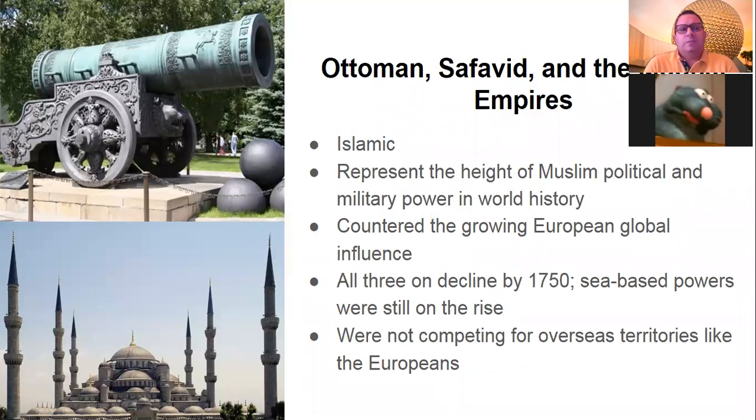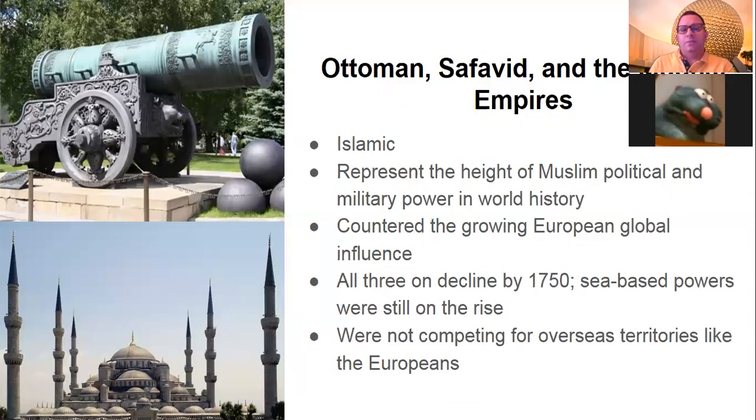And that is because by 1750, you're really seeing the rise of the maritime or the sea-based empires. None of these Muslim empires, none of these land-based empires really got too heavily involved in colonization. And by 1750, the big change that you're going to see is a shift away from expanding territory out and a move towards expanding colonies, setting up colonies.